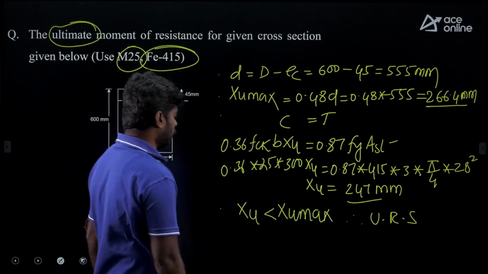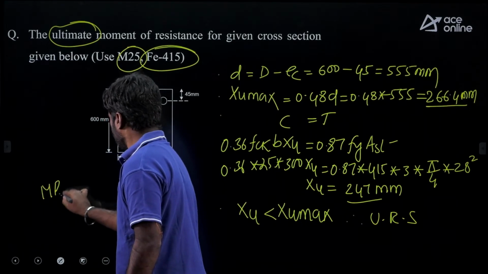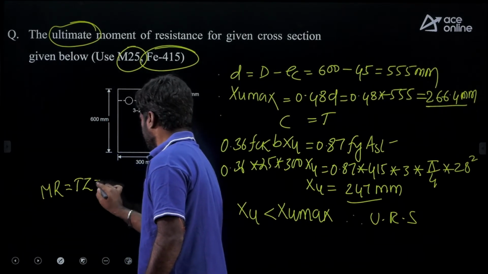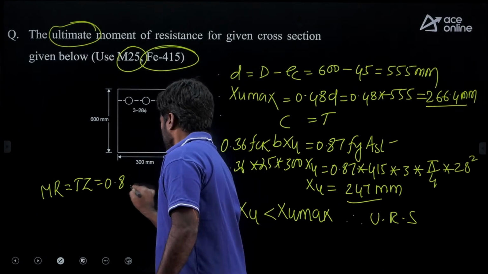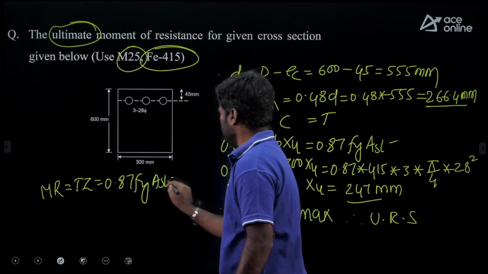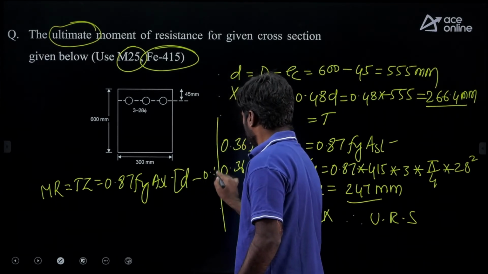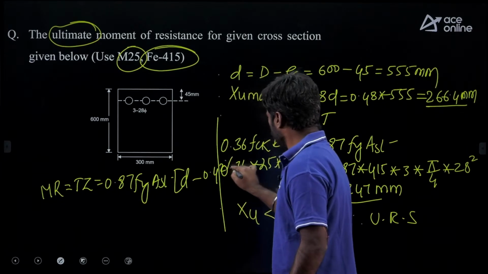For an under reinforced section, we have to find out moment of resistance, MR equals T into Z. That is, with respect to tensile force, we are going to find out moment of resistance. It is tensile force into lever arm, that is d minus 0.42 Xu.